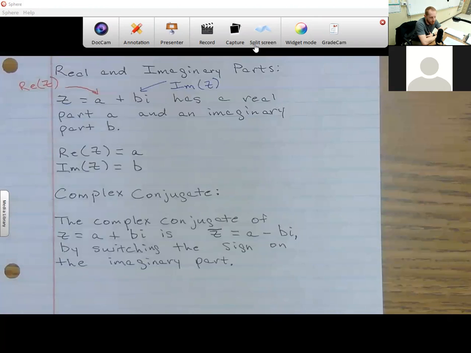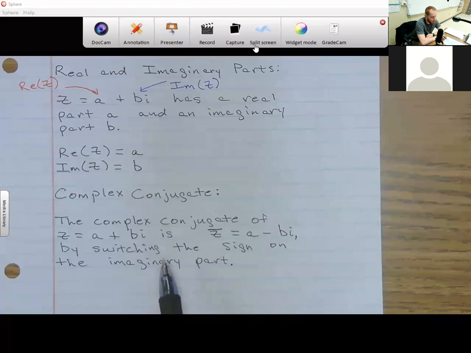We call that the imaginary part. And for a complex conjugate, you're going to be keeping the real part the same. So the a doesn't change when you go from a plus bi to a minus bi. The real part is always going to stay the same.